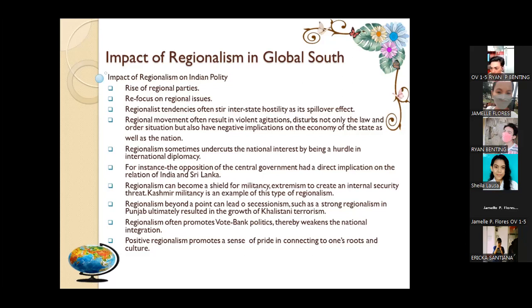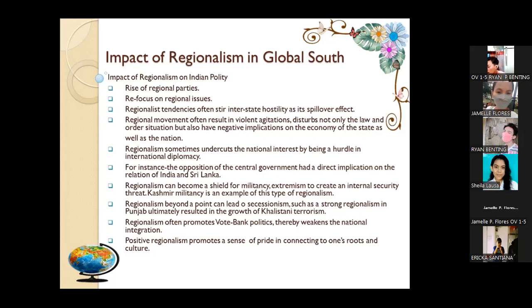Internal colonialism, that is, despite being rich in natural resources, some regions remain economically underdeveloped. The reasons being either ill-conceived top-down approach or survival of one region at the cost of the other region.